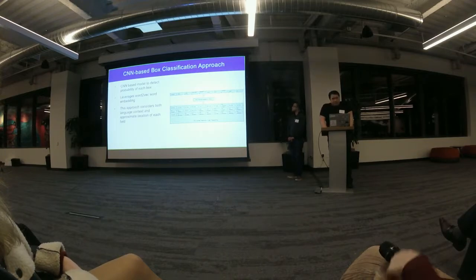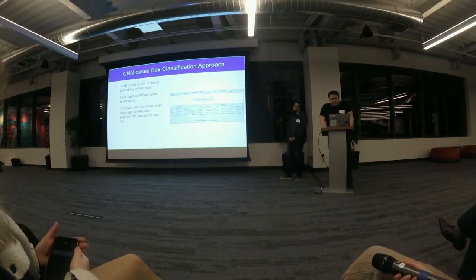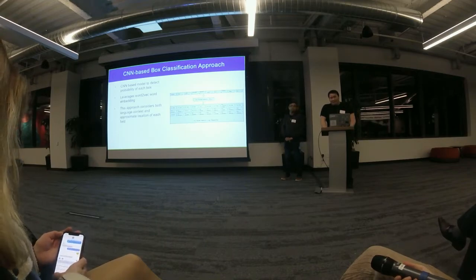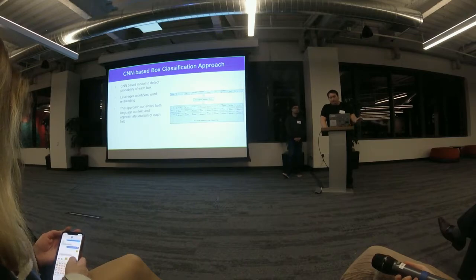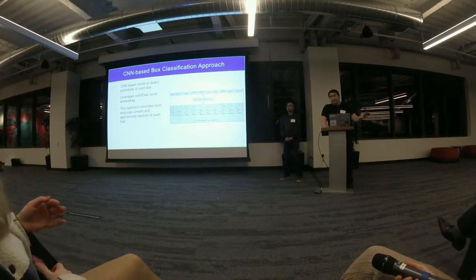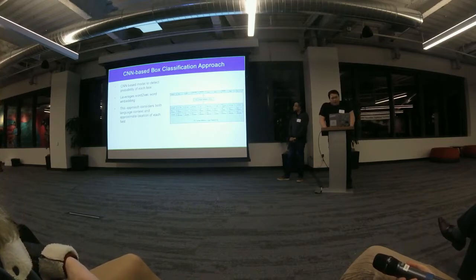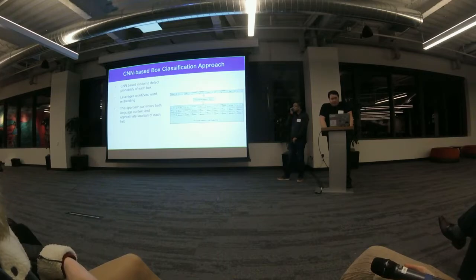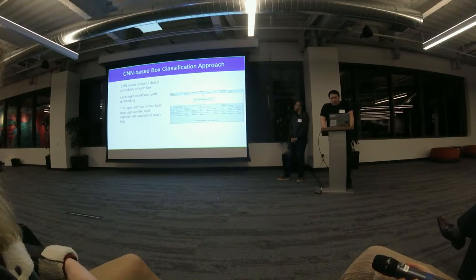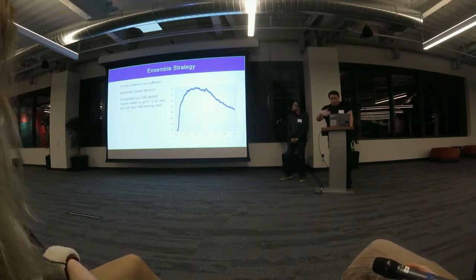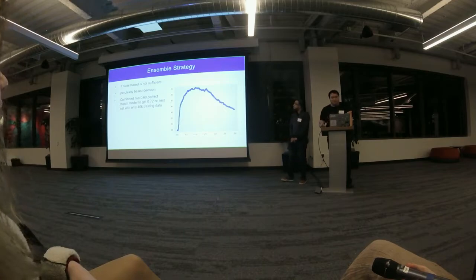And this approach not only uses context, the order of how the words are appearing, but it also looks at the location information of where the box of text appears. And then we use Word2Vec embedding to enhance the results. So with the two approaches, they kind of complement each other and give a pretty good result. So in the end, we have a bunch of techniques, right? How do we ensemble them together?